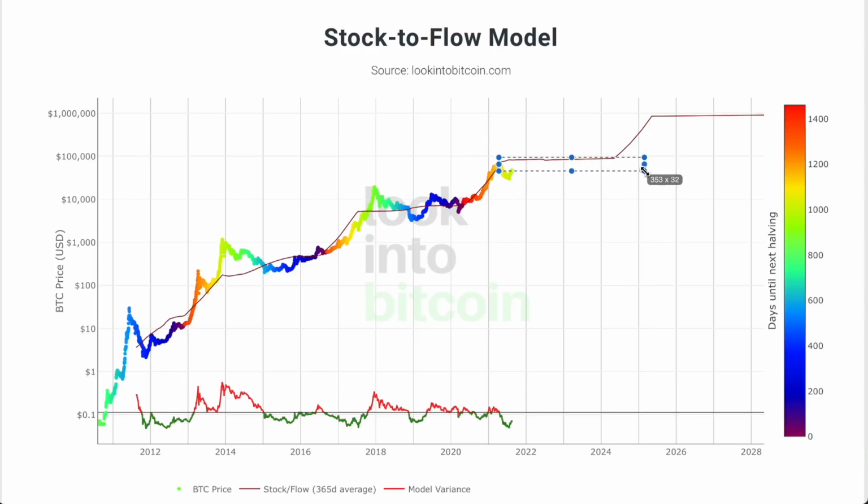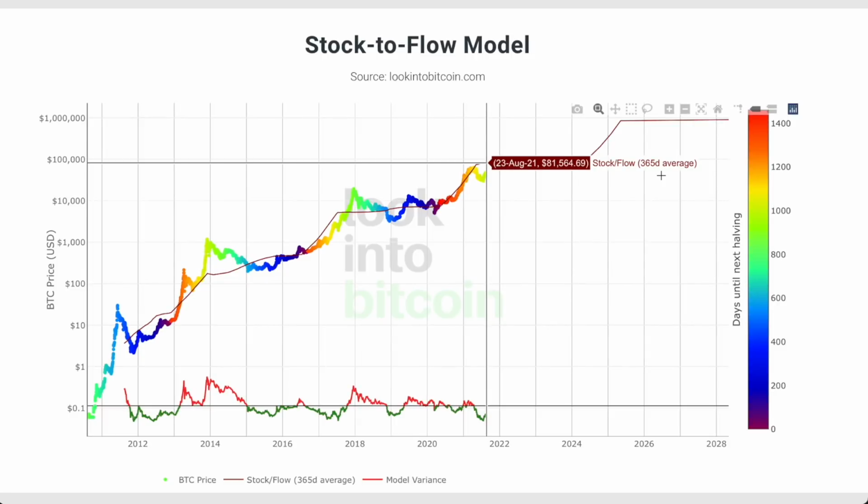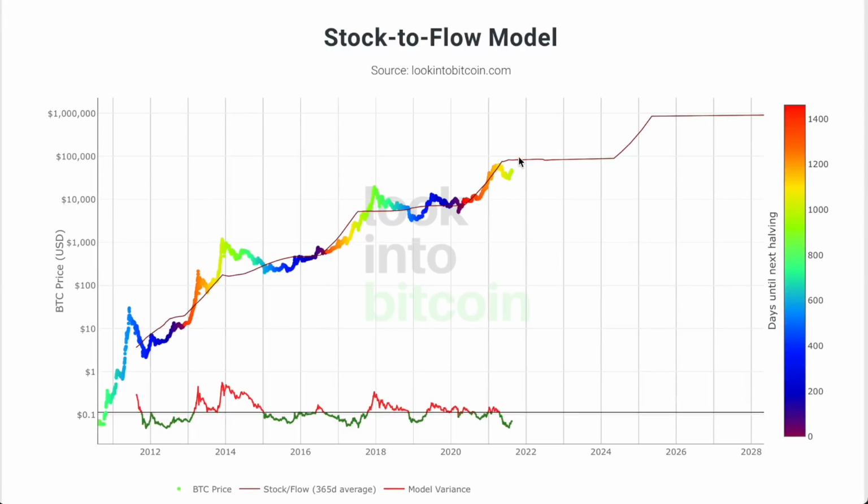But now we're going to see a stagnating stock to flow line, and this stock to flow line is suggesting to us that at this point in time, Bitcoin's price action should be at around $81,000. And it's essentially suggesting to us that it should be at $81,000 for the next few years to 2024.